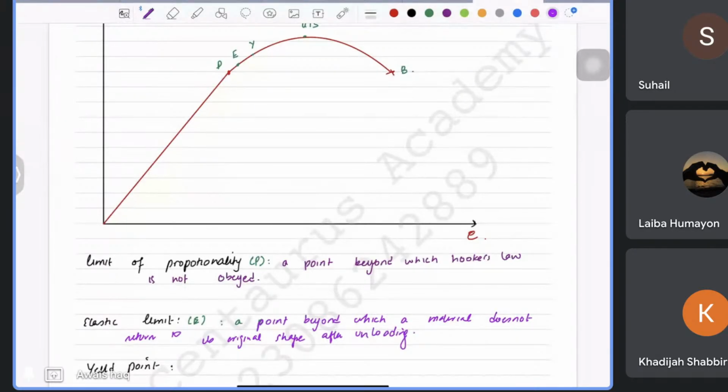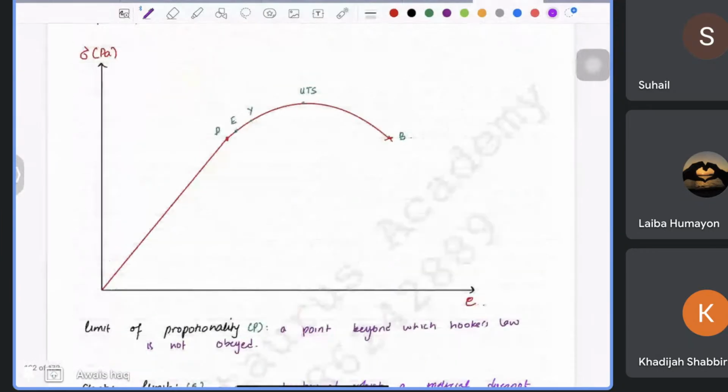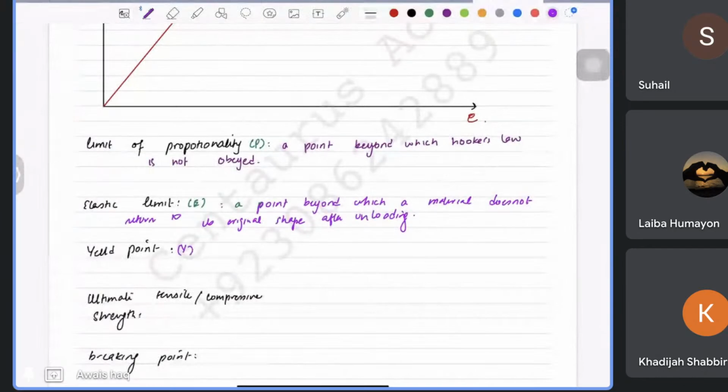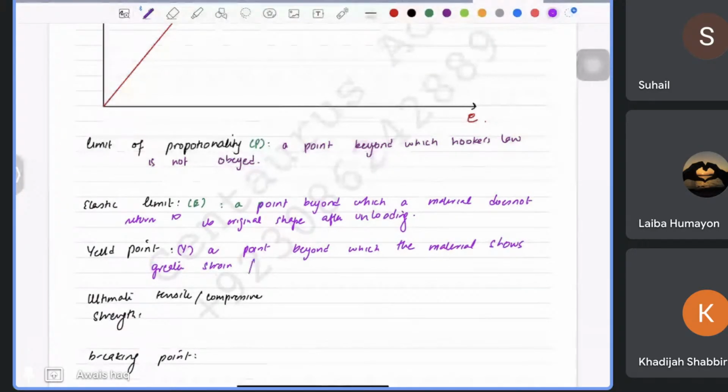Right? Yield point is basically Y, this point, and in yield point you just need to remember a point beyond which the material shows greater strain for less change in stress.